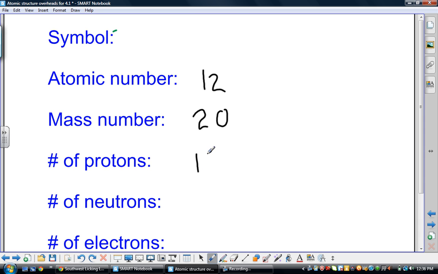That means we have 12 protons, we have 12 electrons, and our number of neutrons plus our number of protons is going to equal 20. So at that point the students ask themselves, okay, what do I have to add to 12 to get 20? And that will be their number of neutrons. So 8 neutrons plus 12 protons would give a mass number of 20.